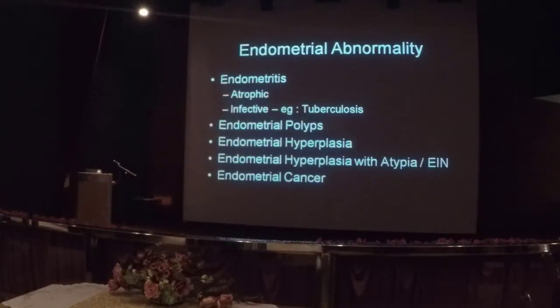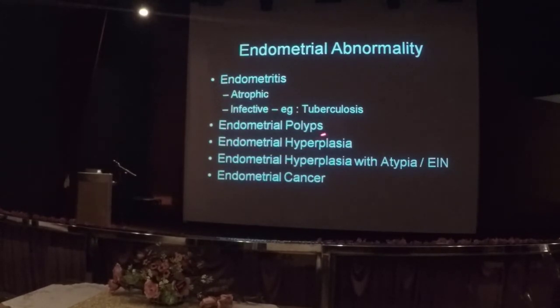Other endometrial abnormalities, we look in summary. Sometimes you have endometritis, which can be atrophic or infective endometritis. In the last 2 years, we got a few cases of extrapulmonary tuberculosis involving the peritoneum, and one of them has a concomitant endometrial tuberculosis.